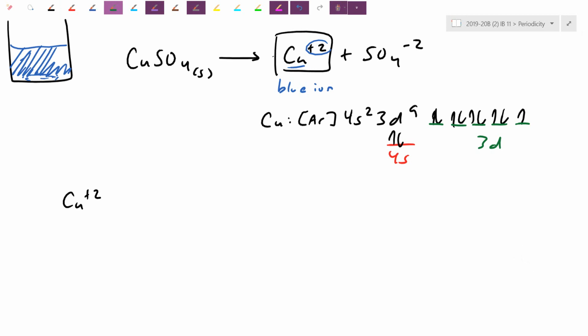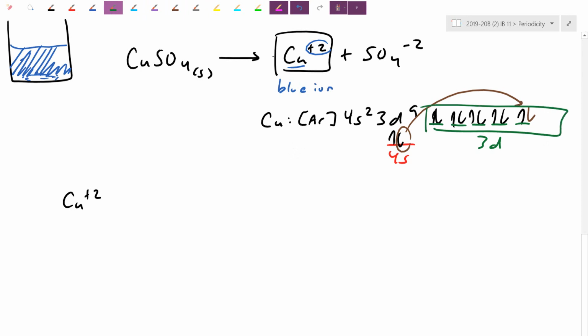So as an exception, copper says, fine, I do need to pay a little bit to get that electron up here, but I'm going to end up getting a fully filled d shell, and that full d shell gives you stability. Sort of like your noble gases are stable, although for a lot of transition metals, they can be stable with any number of d electrons. So as an exception, I have 4s1, 3d10.